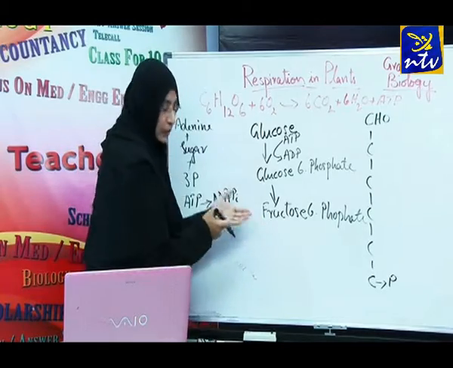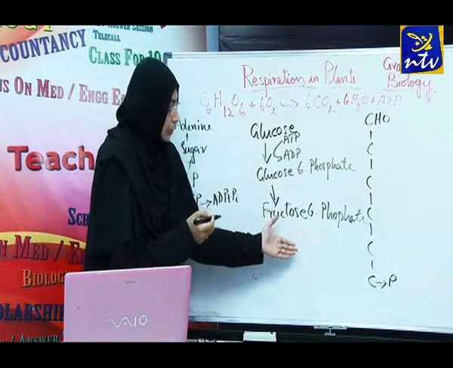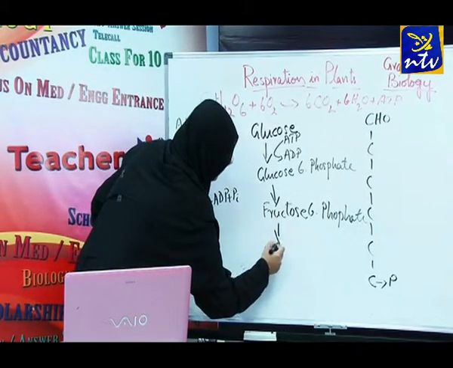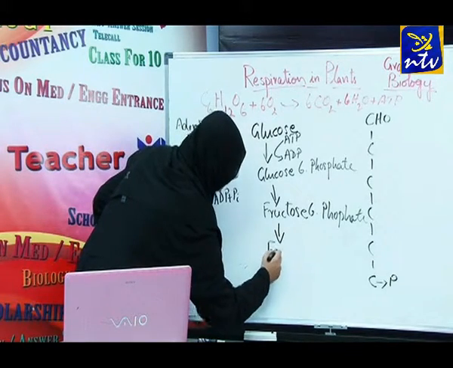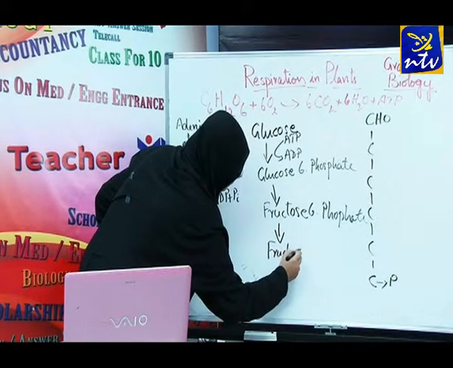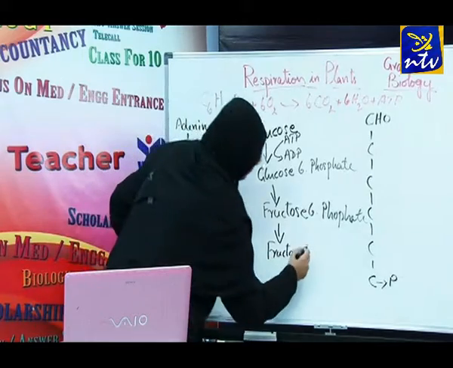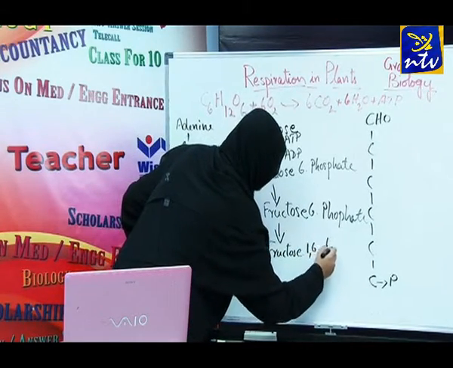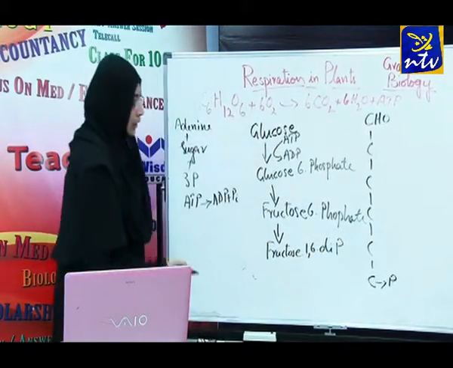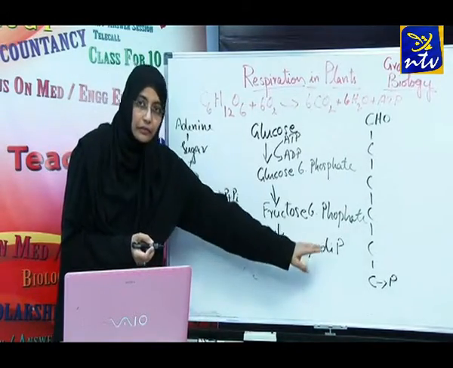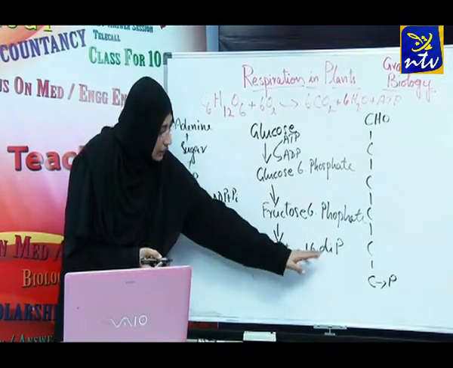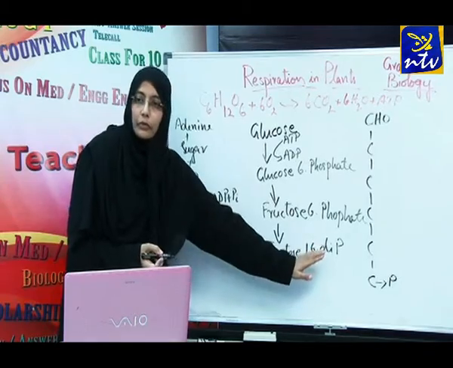Again, this fructose molecule is converted into fructose 1,6-diphosphate. So here again one more phosphate group is added.